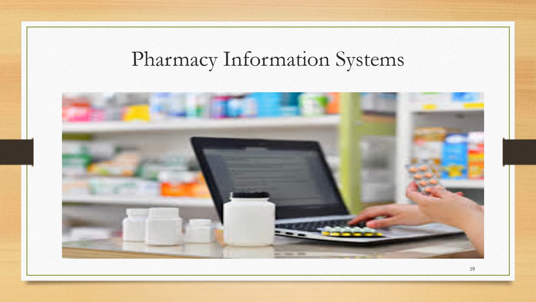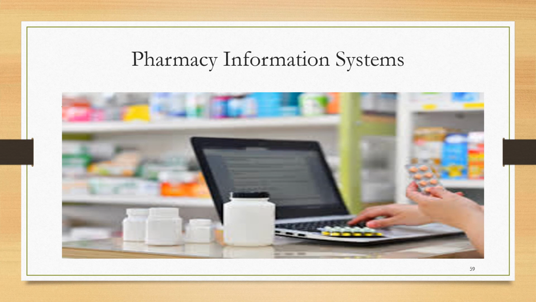Furthermore, pharmacy information systems have been playing a vital role in preventing dosage errors by providing an individual dosage limit according to patient age, gender, and other factors.